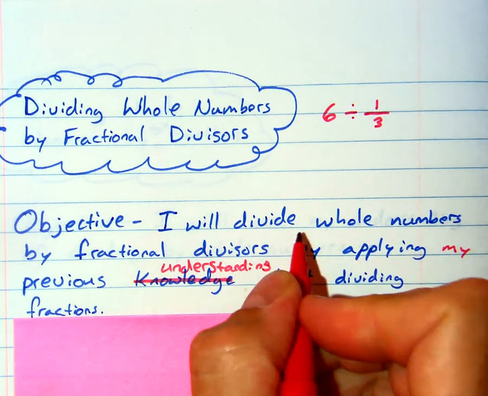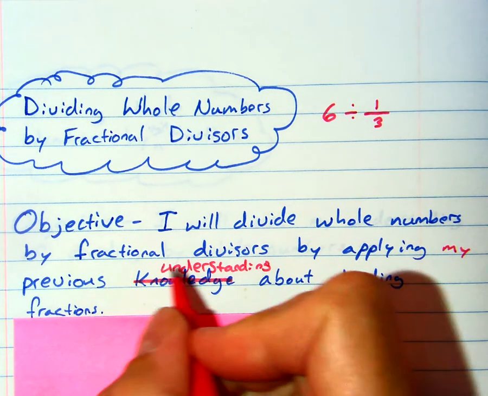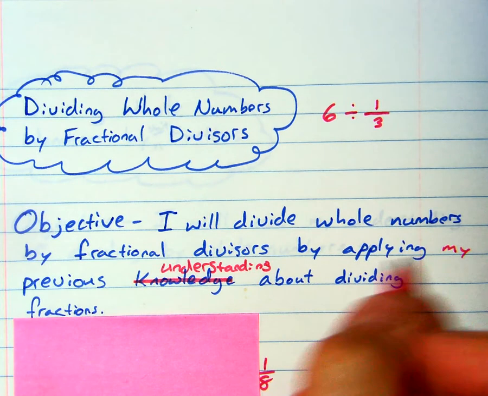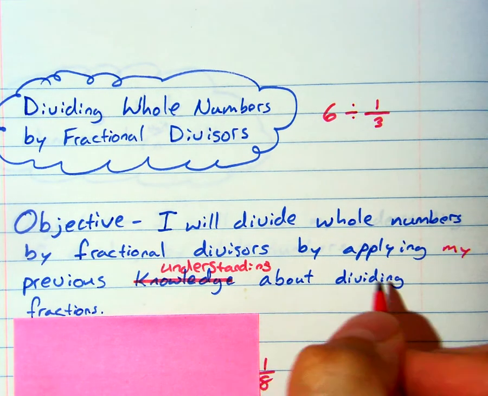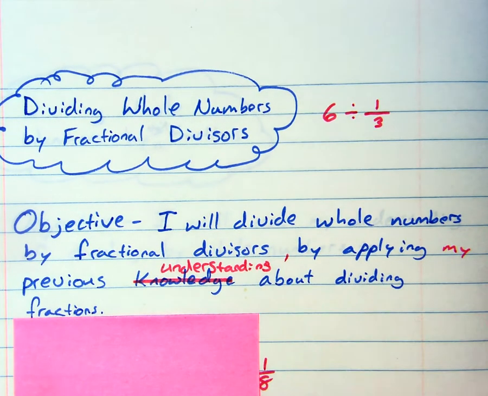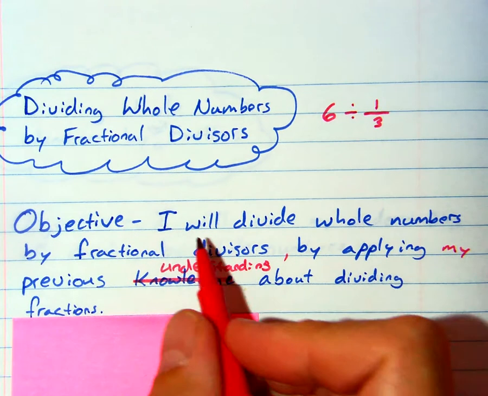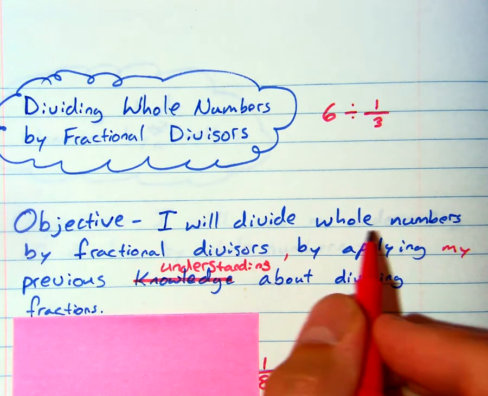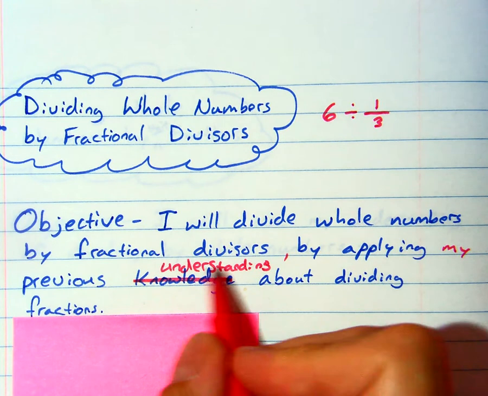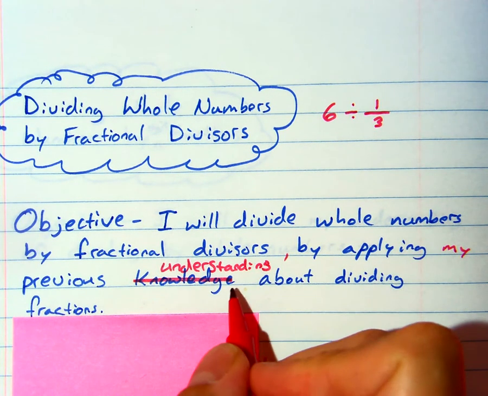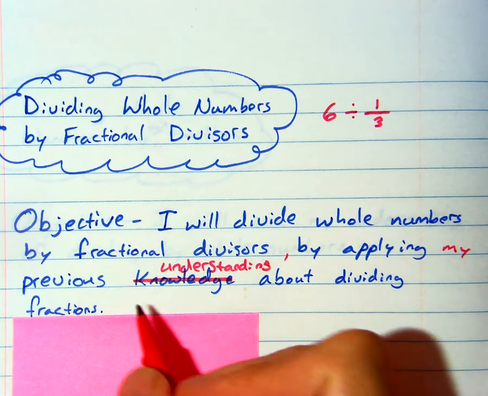I will divide whole numbers by fractional divisors by applying my previous understanding, about dividing fractions. One more time. Read it with me. I will divide whole numbers by fractional divisors by applying my previous understanding about dividing fractions.